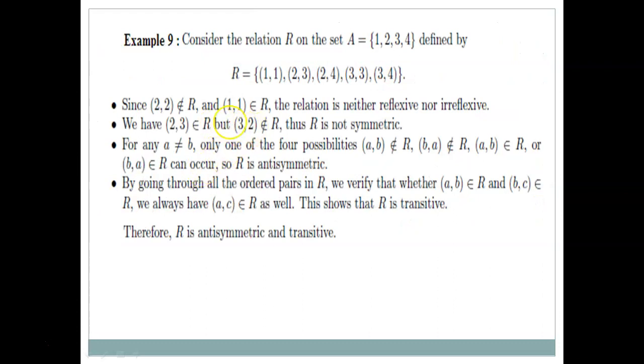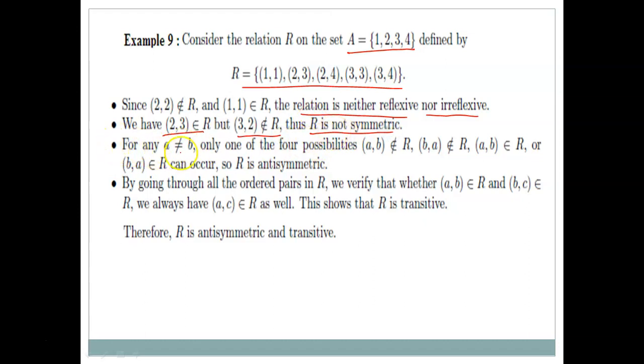Next example: consider relation R on the set A defined by this rule. By some rule we have written the pairs, and in this relation you can make certain observations. (2, 2) does not belong to R and (1, 1) belongs to R. The relation is neither reflexive nor irreflexive. (2, 3) belongs to R but (3, 2) does not belong to R, so this relation is not symmetric.